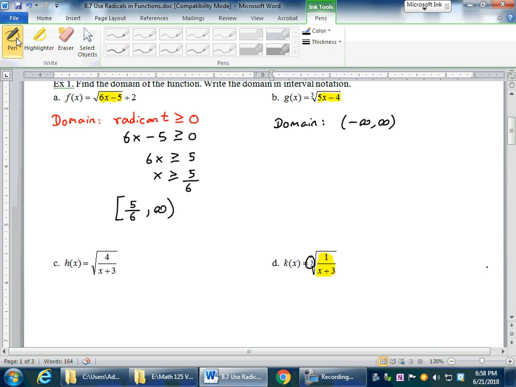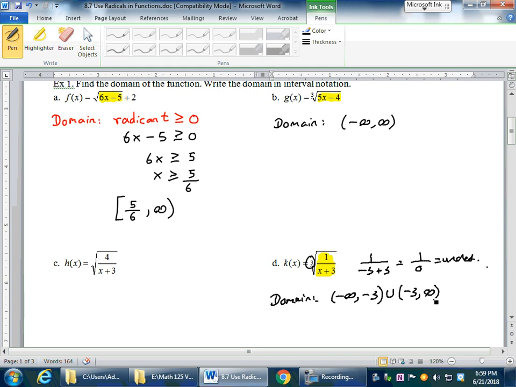Because if it is negative 3, you look at it, negative 3 plus 3 will become 1 over 0, which is going to be undefined. So that's not good. So we do have a restriction in this case. Therefore, the domain of this cube root function will be anything except -3. So the way that we write it down will be what? Negative infinity to -3, not inclusive, union with -3 to positive infinity. So everything except -3.